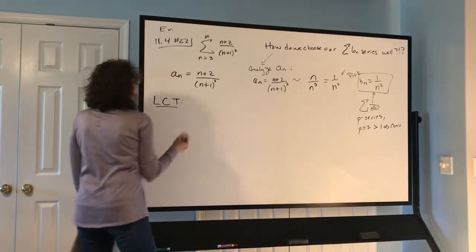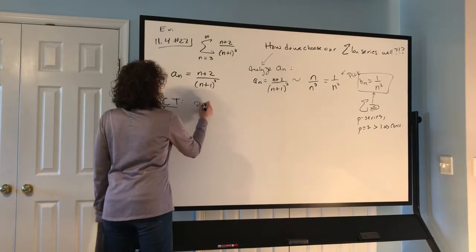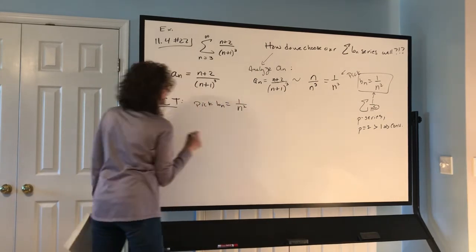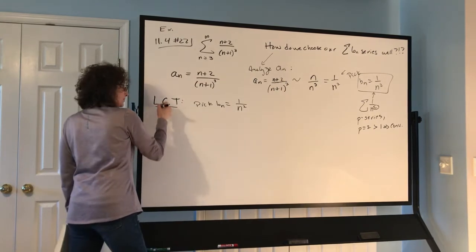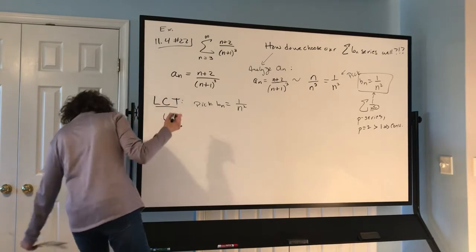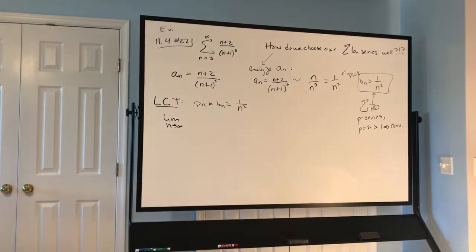Okay, so we're going to pick Bn equal to 1 over n squared. And then for this problem, what are we going to do? We look at the limit as n goes to infinity of, let me make sure you can actually see the board. Did I? Yeah, you can. Okay, good. Whew.